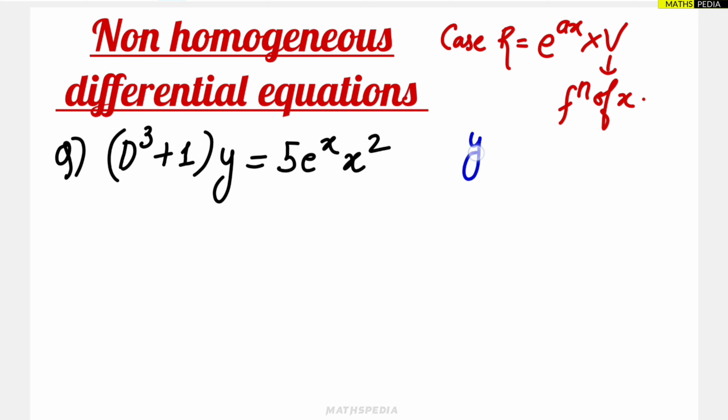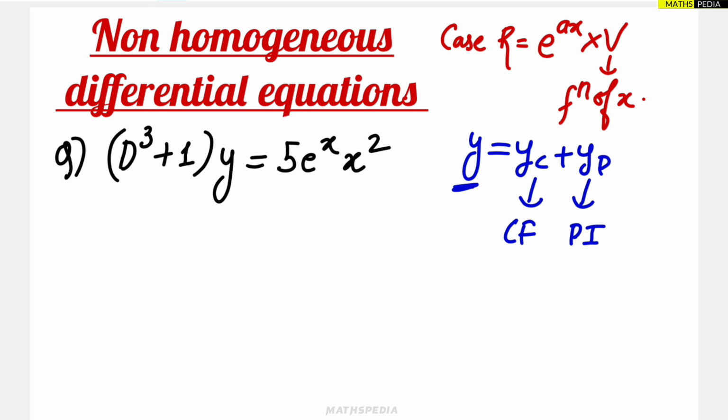Always remember that the non-homogeneous differential equation solution is y equals yc plus yp, where yc is the complementary function and yp is the particular integral. Now y is the solution of this particular question, right? So CF value depends only on the LHS part, but yp value, which is the particular integral, depends on RHS as well as LHS.